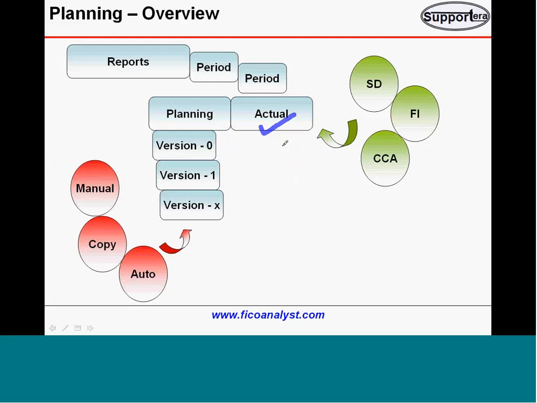Then they can plan that next year there may be another 10% increase. So they take the actuals and, through the copy function, create a version like X. This is a base plan.